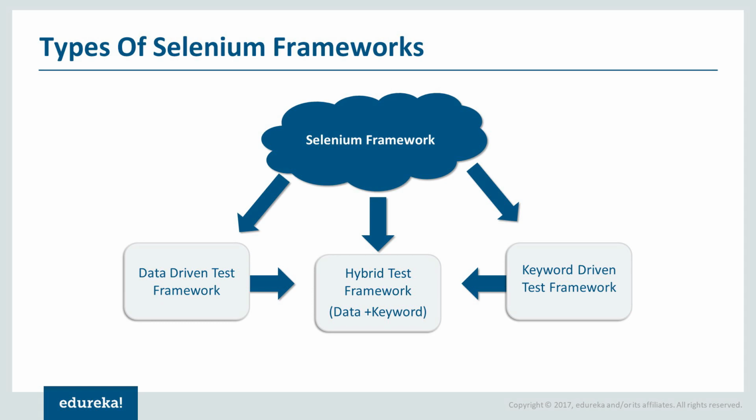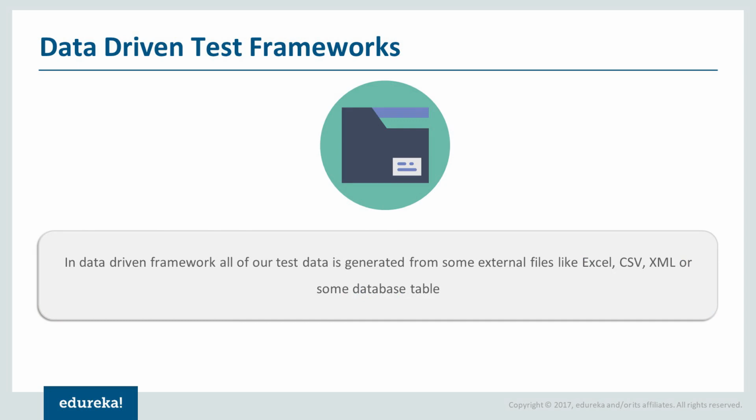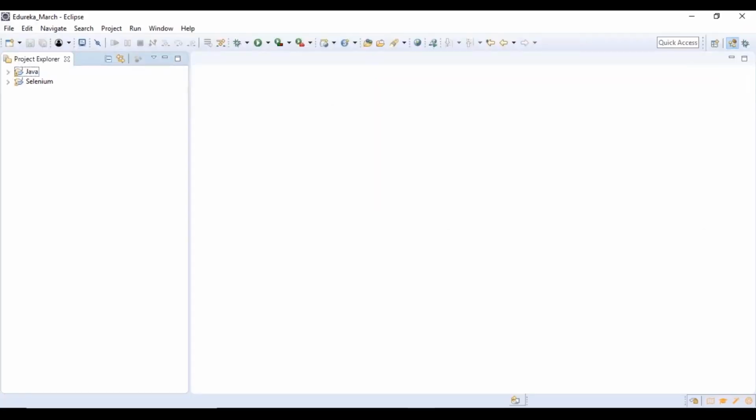So in today's session, we are going to deal with what is a data driven framework, and how do we achieve it. Basically the framework that we are going to create is going to be a hybrid framework, which is a combination of data driven and also keyword driven, right? So let's get started. What are we going to do?